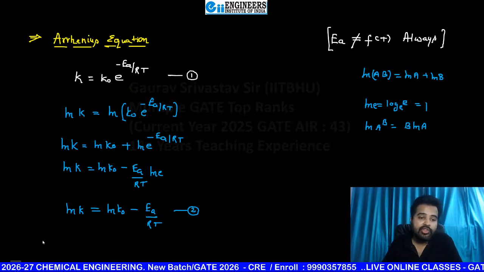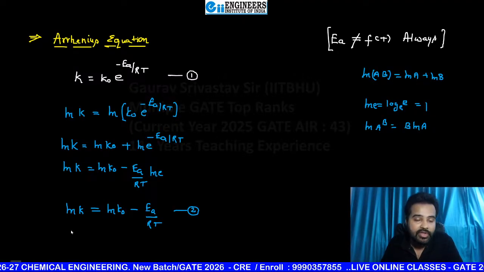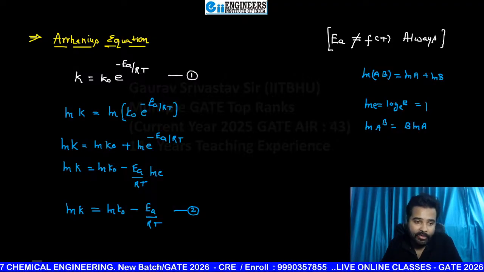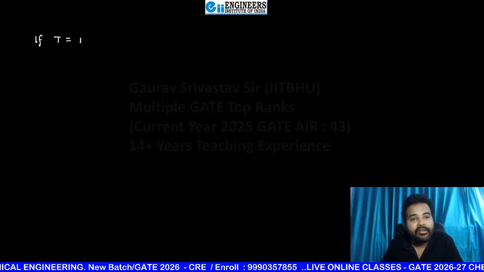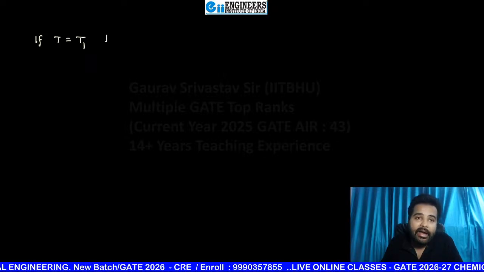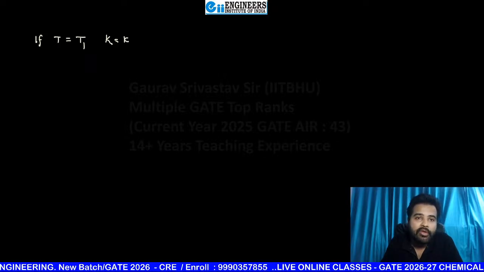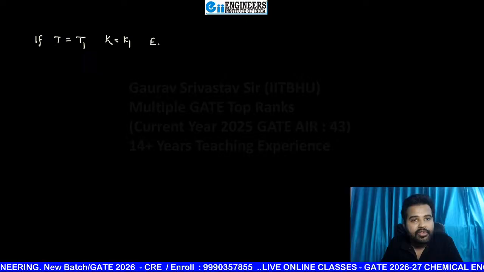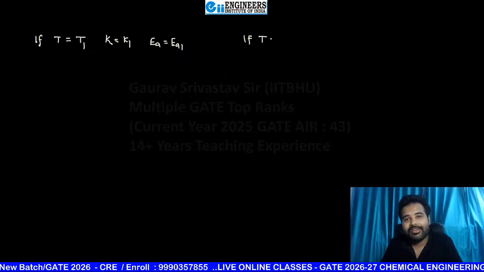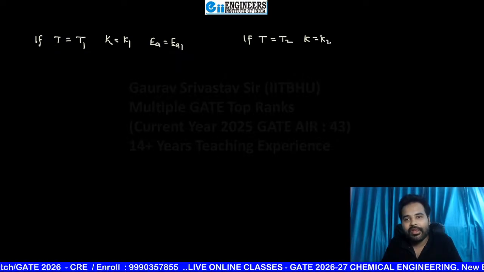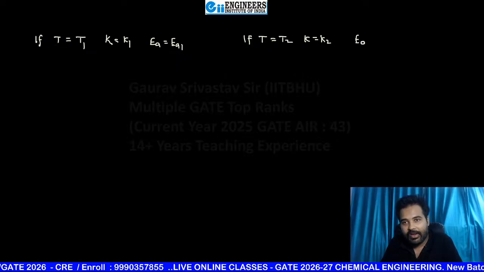Now with the help of equation number 2, we want to write this equation for two different cases. If T is T1, beta, that time the reaction rate constant is suppose K1, and the activation energy value is E1. If T is T2, then K is K2 and EA that time is EA2.